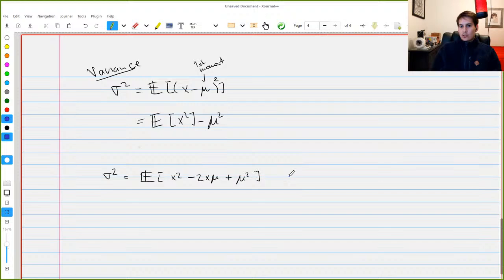And I'm not sure if you have noticed, but the expected value is a linear operator. That means that the expected value of alpha times x plus beta times y is equal to alpha times the expected value of x plus beta times the expected value of y.